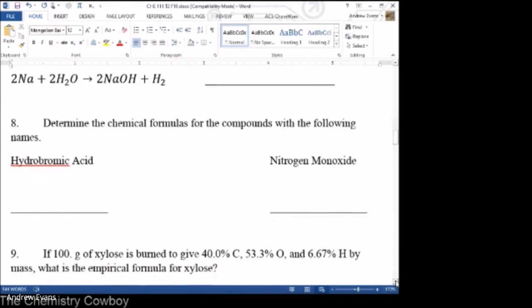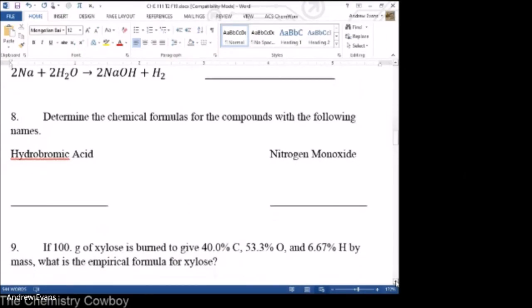Determine the chemical formulas. Be prepared to turn a chemical formula into a name or a name into a chemical formula. So we're going to be doing hydrobromic acid. The hydro tells us that it is just the anion without any oxygens attached, so hydrobromic means it's just HBr.